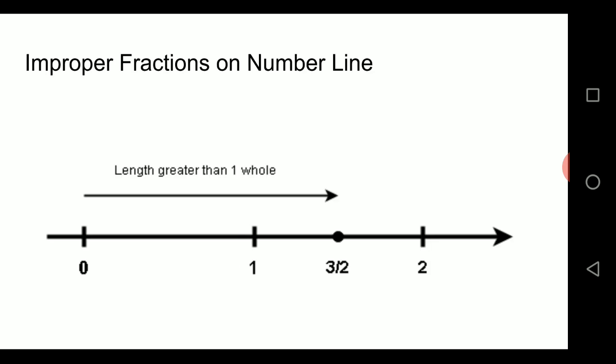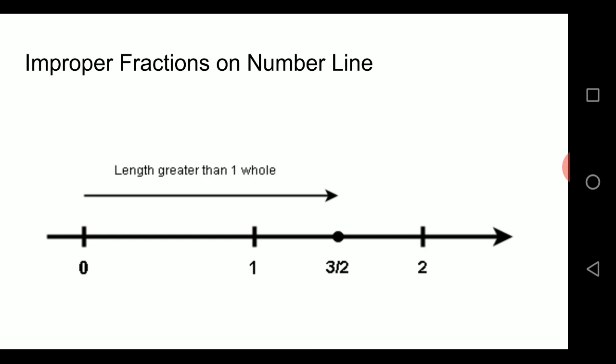Now let's see the improper fraction on the number line. I told you that improper fractions are greater than one whole plus some other fraction. If you include them, then it grows beyond the whole.